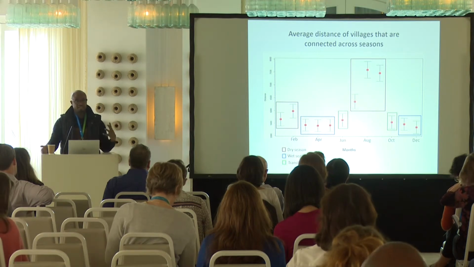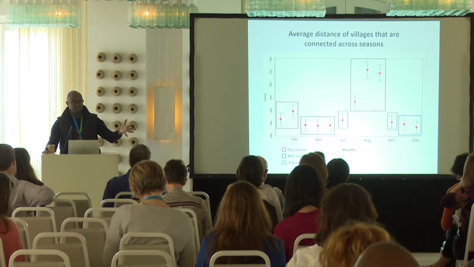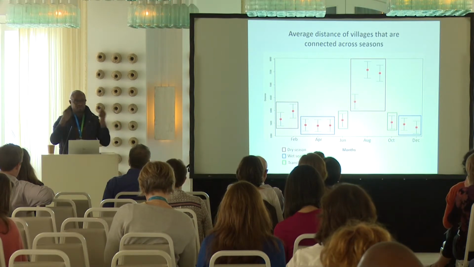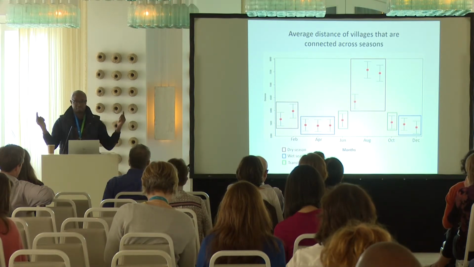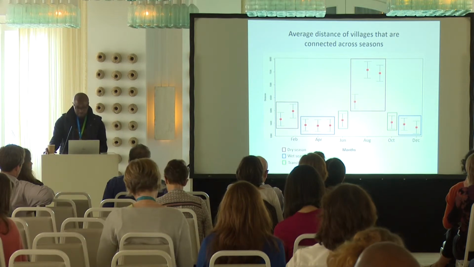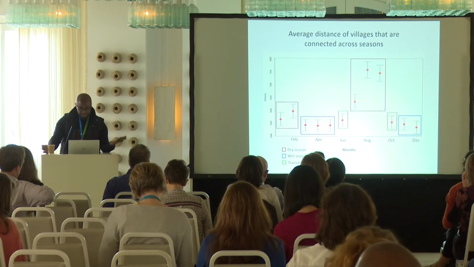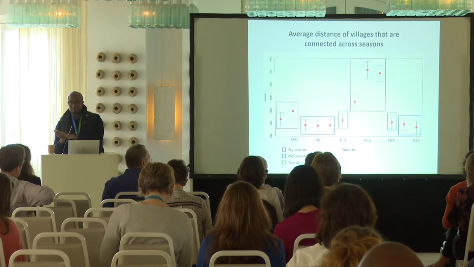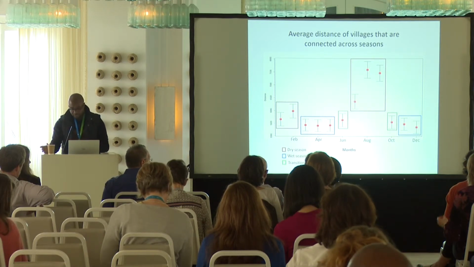So that gives you an indication of what will happen if there is an outbreak in the wet season. Within a 5 kilometer radius, everyone is likely to be connected with each other, and then disease is likely to transmit within that community. The transition periods are June and October, which is from wet to dry, and then from dry to wet.